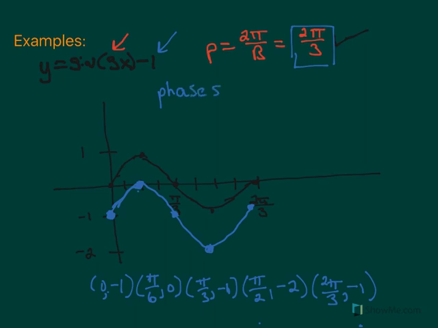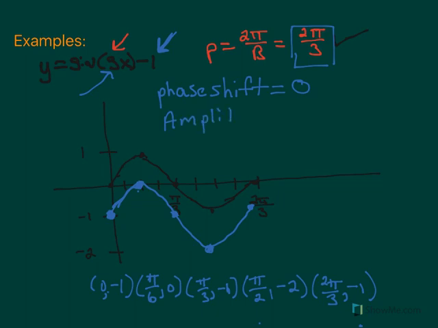So your phase shift, in this case it didn't shift left or right, so your phase shift would be 0. You didn't have a C value, you only had a B value. So you had a B value and you had a D value. So you didn't have a C value, there was no shifting left or right, so your phase shift would be 0.